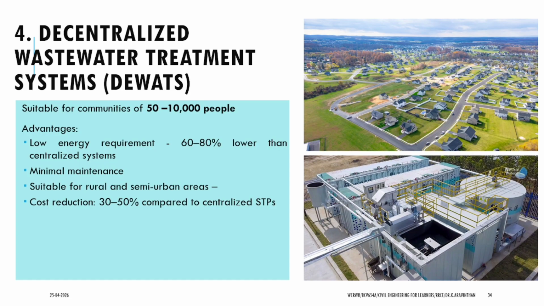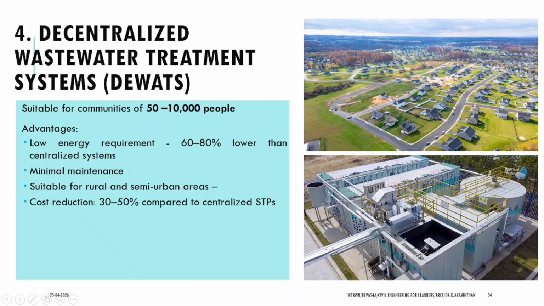Decentralization. You can see a list of community members. Each and every village is divided into communities. A small number of people will be in each community, so this water can be treated at the community level itself.